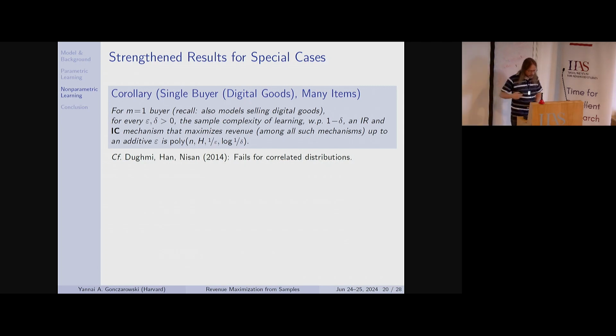In particular, for special cases, in the single buyer case we actually get precise incentive compatibility from the same argument.